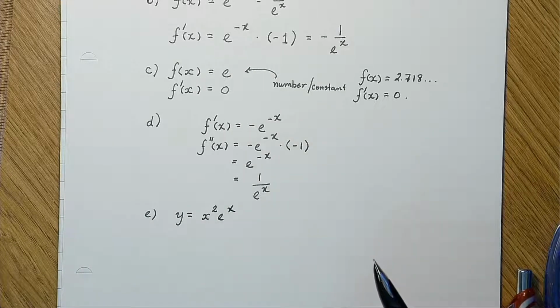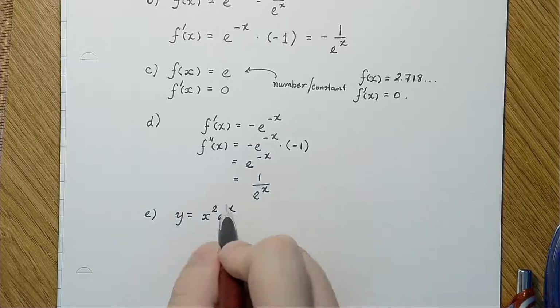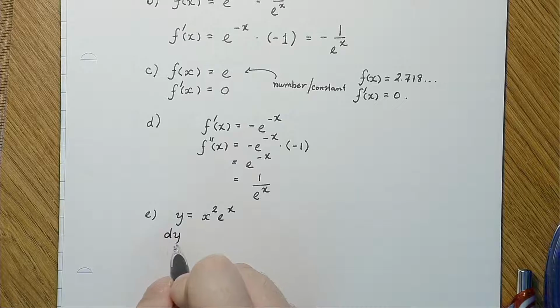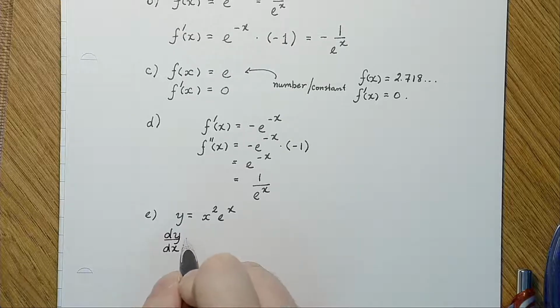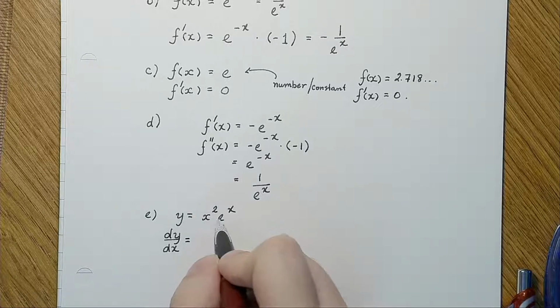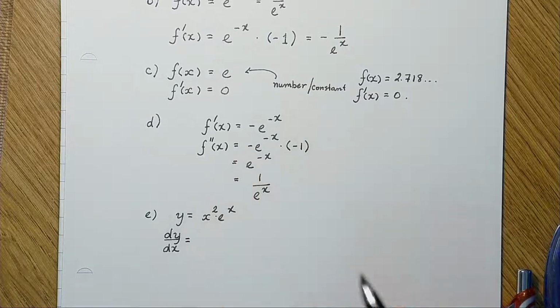Here's a different question. I have y equals x squared times e to the x. I have x squared and I'm multiplying that by e to the x, which means that I'll need to use my product rule.